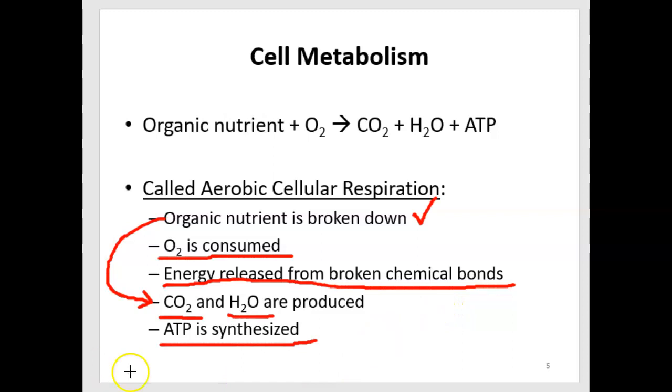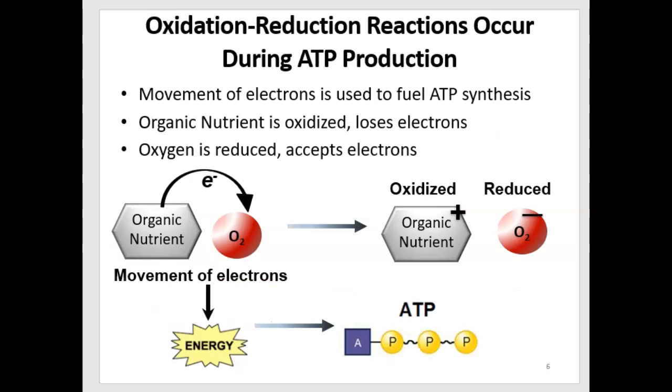During the process of making ATP, electrons are going to move from an organic nutrient. And it's this movement of electrons that provides the energy, it's kinetic energy, to make the ATP. So the movement of electrons relates to something we've already talked about in chemical reactions, and that's oxidation and reduction.